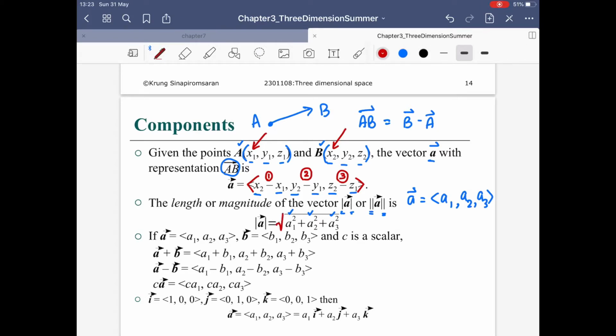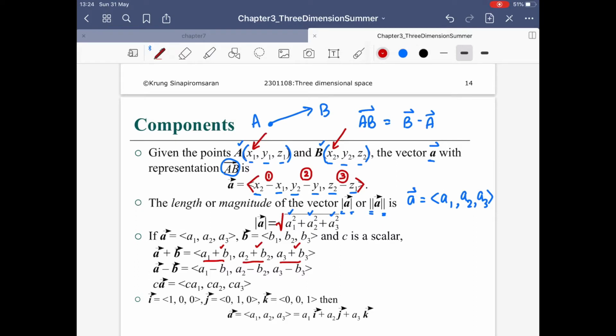To add vectors is very simple. We just add the first components together, the second components, and the third components. If you have a1, a2, a3 as vector A, and b1, b2, b3 as vector B, then A plus B is simply a1 plus b1, a2 plus b2, a3 plus b3.